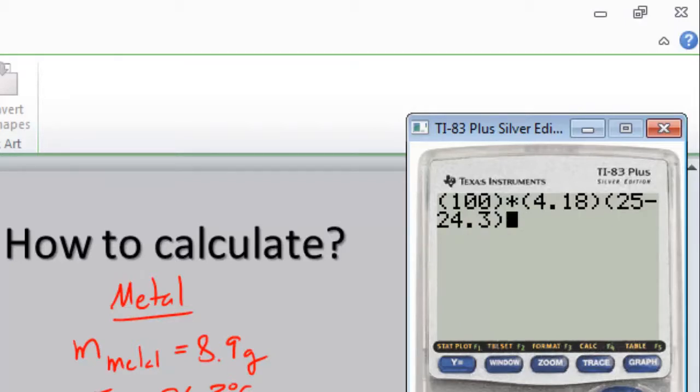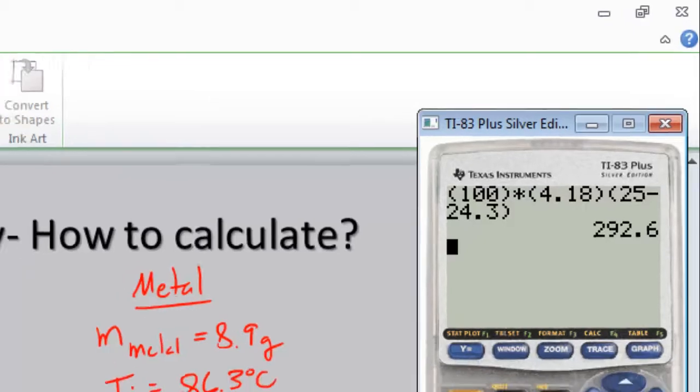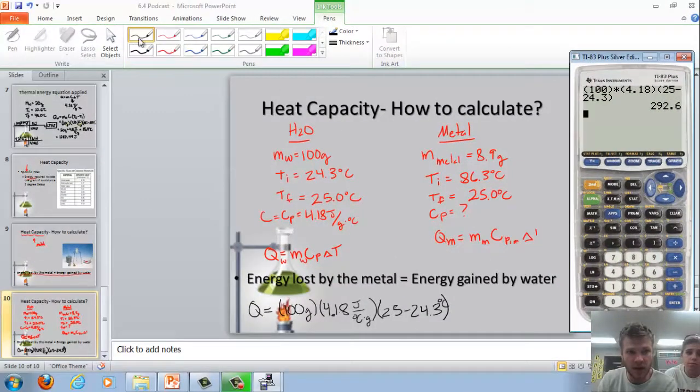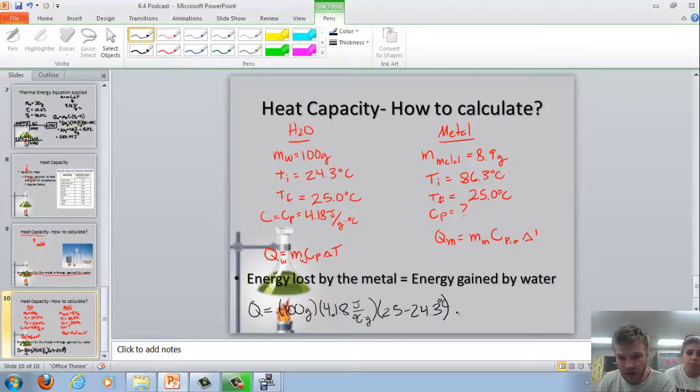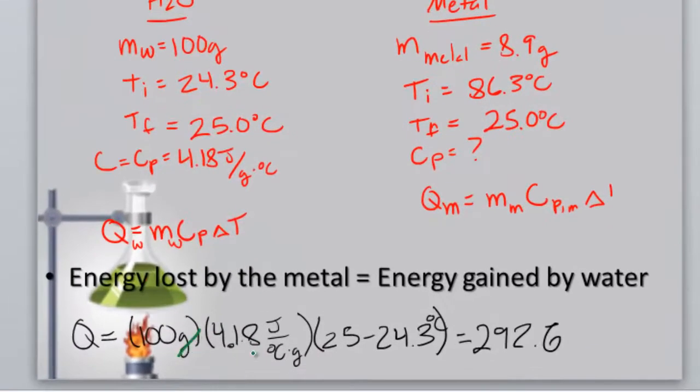Now you don't need the parentheses for the 100 and the 4.18, but you definitely need them for that 25 minus 24.3. Right, so I get 292.6. The units for this are joules, because my grams cancels with the grams on the bottom, and my Celsius cancels with the Celsius on the bottom. All I'm left with is joules. So 292.6 joules was absorbed by the water.